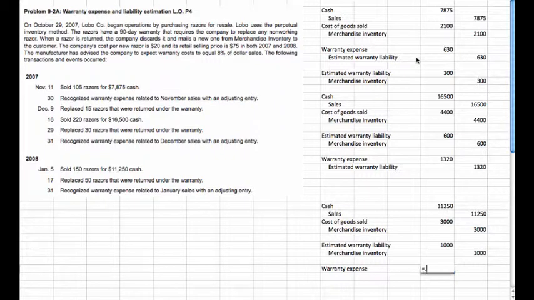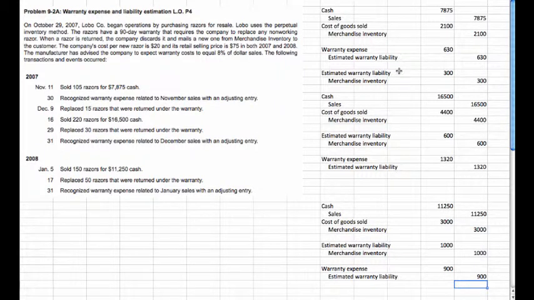It's 8% of our sale again. There we go, $900. We're going to have estimated warranty liability of $900. So here's what we have in terms of journal entries.